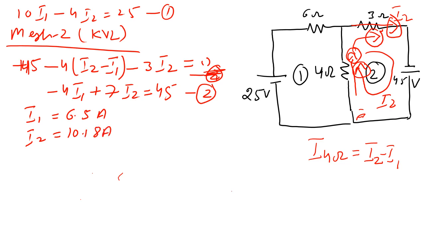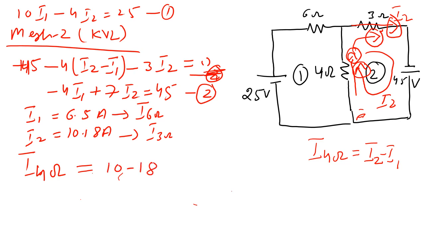So the current I1 is passing through the 6 ohm, and the current I2 is passing through the 3 ohm, and from the 4 ohm the difference is passing. From the 4 ohm, the difference between the two, so it is 10.18 minus 6.5.